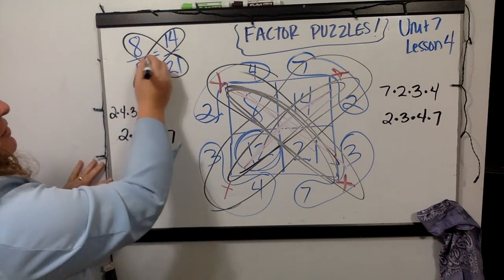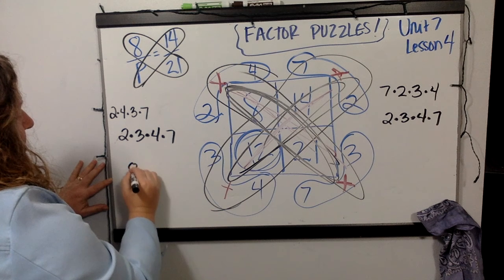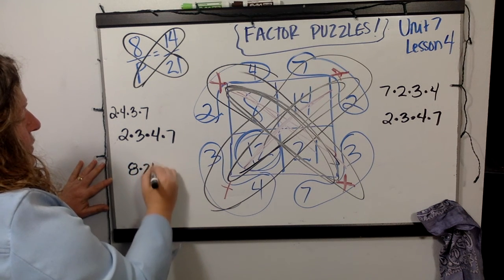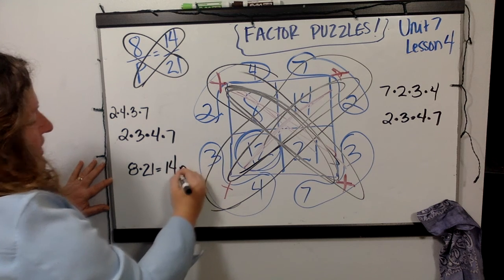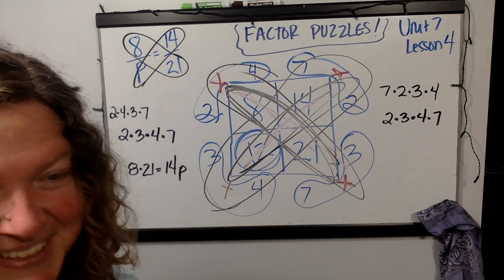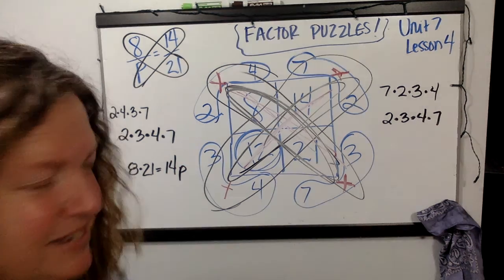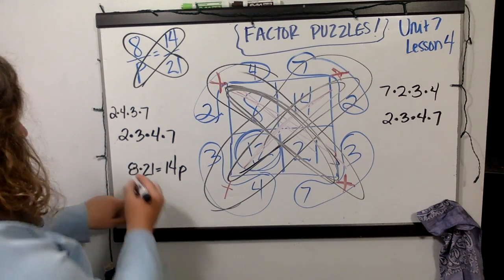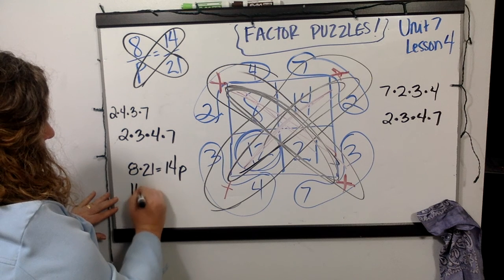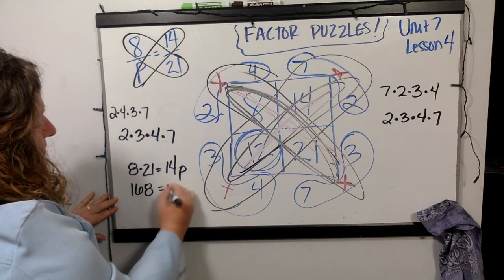We could write this problem as 8 times 21 equals 14 times p. Now, how does that help us? Well, we can figure out what 8 times 21 is. 168.